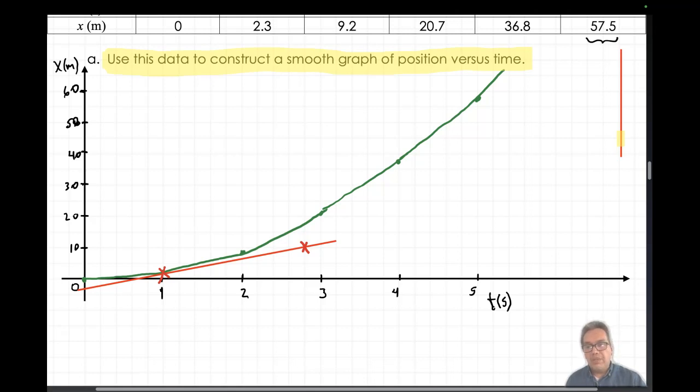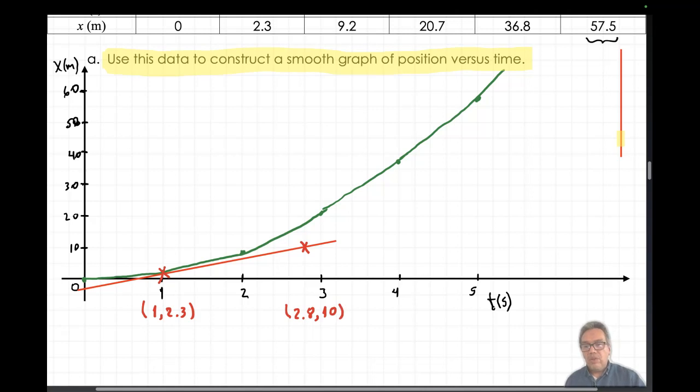For example, the first point here is, of course, 1, 2.3, and the second point, remember, each little square is 0.2, so this is 2.8, comma, what is it? 10 meters.